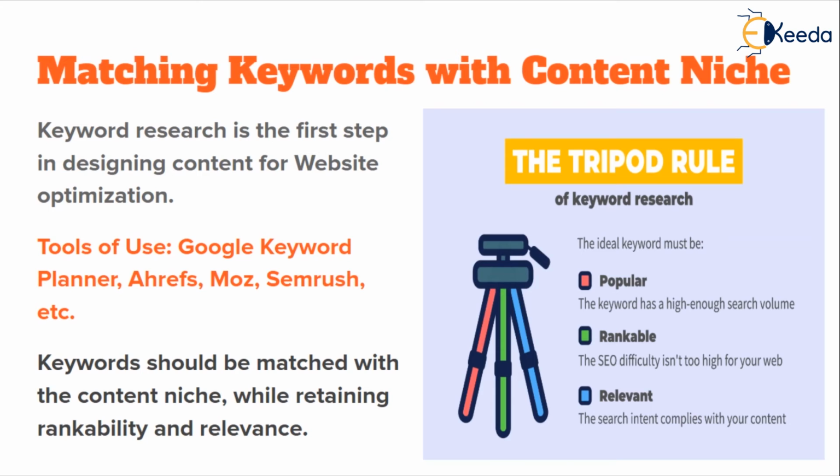Then keywords should be matched with the content niche while retaining rankability and relevance, which brings us to the tripod rule of keyword research. The ideal keyword for your business, for your long-term content creation requirement and content curation requirement should be popular, rankable, and relevant. So the keyword should have high enough search volume.